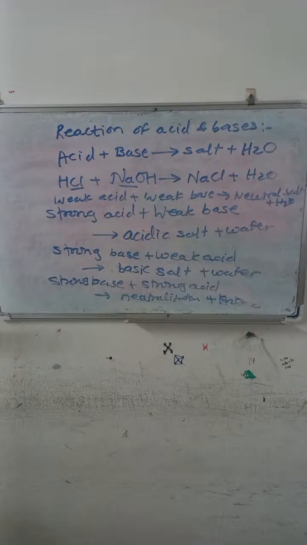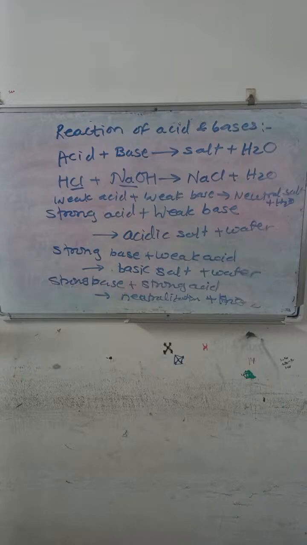If pH is less than 7, then it is acidic. If pH is greater than 7, then it is a basic solution. Diluting an acid increases its pH, and diluting a base decreases its pH.